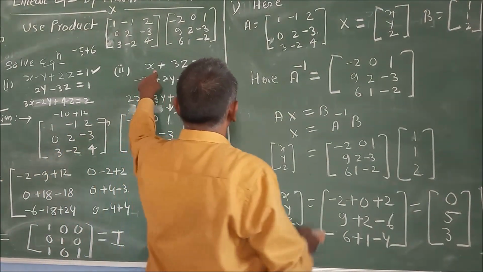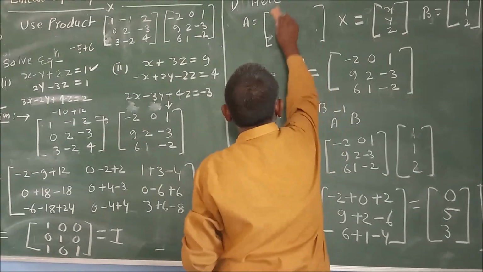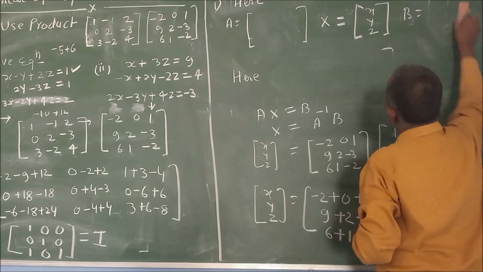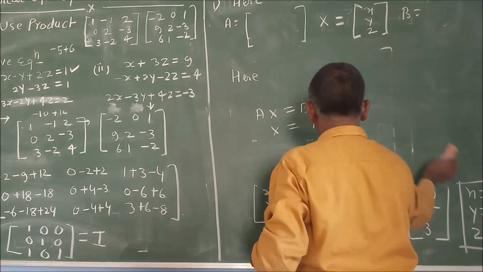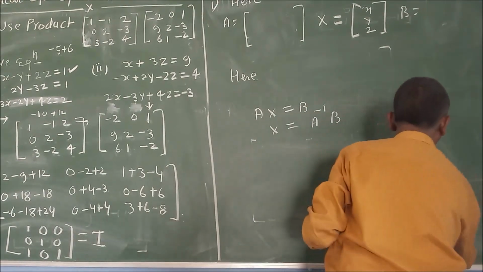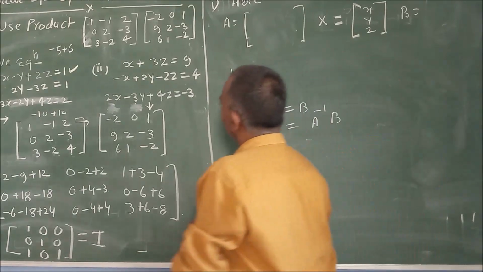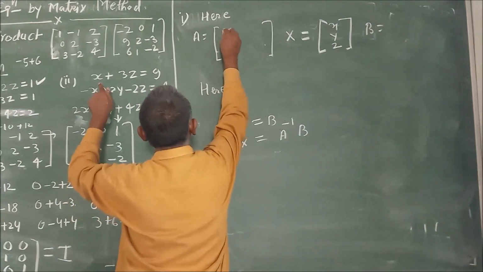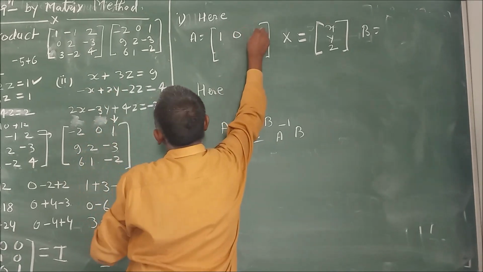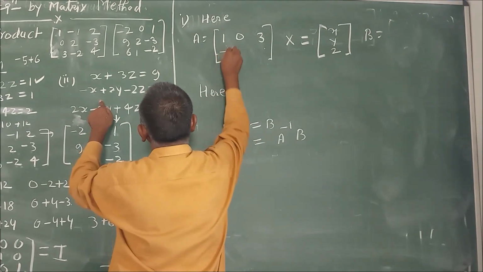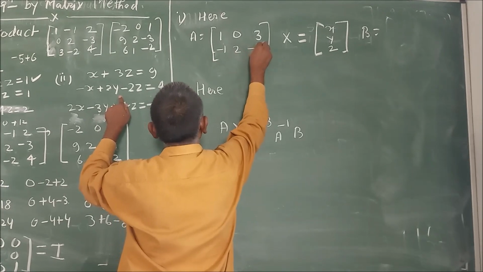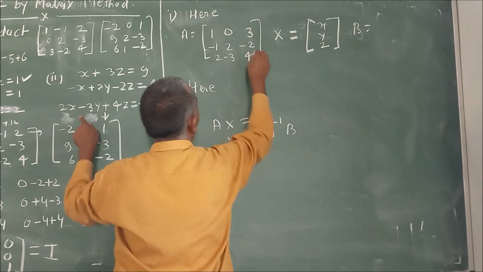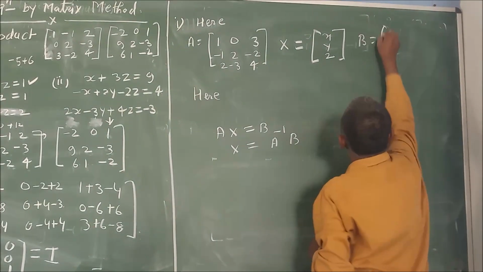So here A is different. So A is equal to what? See here, A will be equal to 1, 0, 3, minus 1, 2, minus 2, 2, minus 3, 4. X, Y, Z, and B is also different.